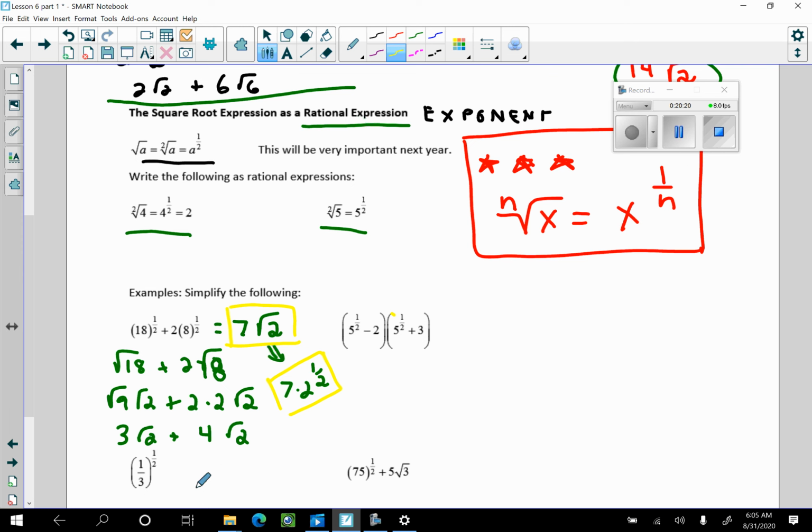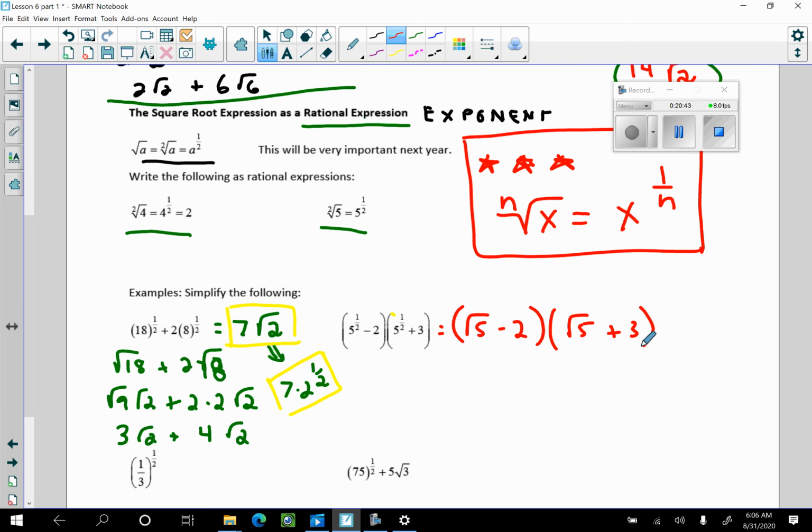So if you look at this example, you have the square root of 5 minus 2 and the square root of 5 plus 3. Those are not conjugates, as previously stated incorrectly.